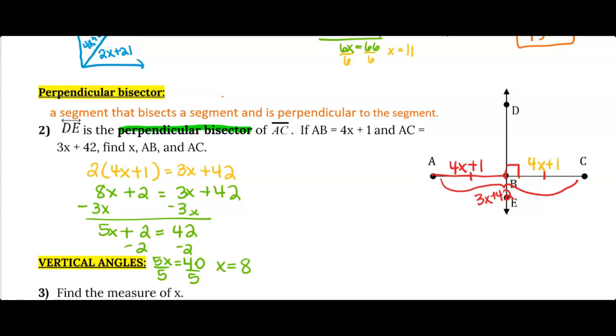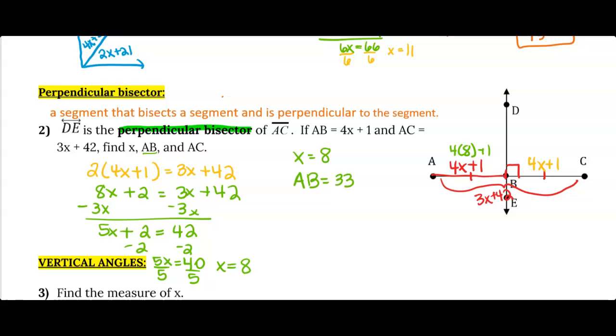Once we know that x is equal to 8, we can plug 8 into 4x plus 1 to find AB. So 4 times 8 is 32, plus 1 is 33. So the length of AB has to be equal to 33.